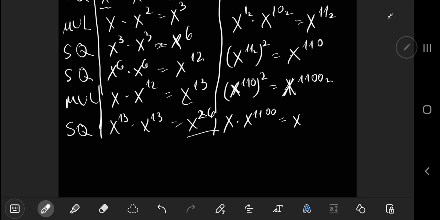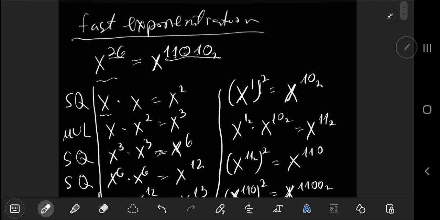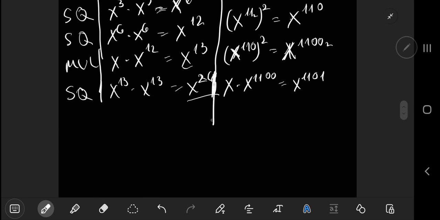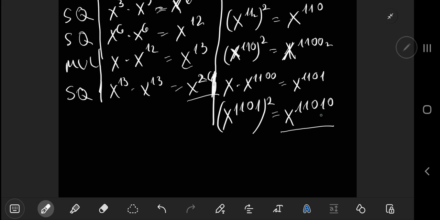So it's x to the power of 1 1 0 1. And now what I want is another 0, so let's again make squaring. Take the square and get x to the power of 1 1 0 1 0, and this is exactly what I wanted.